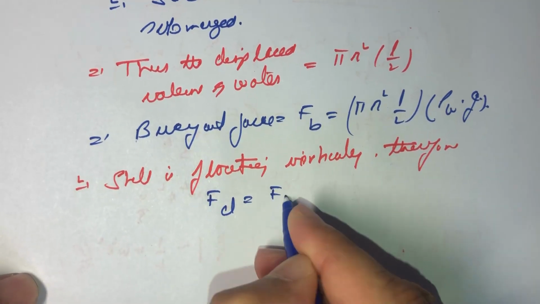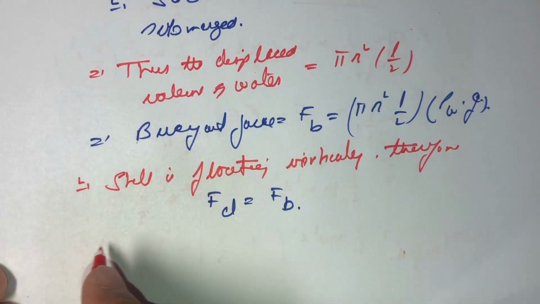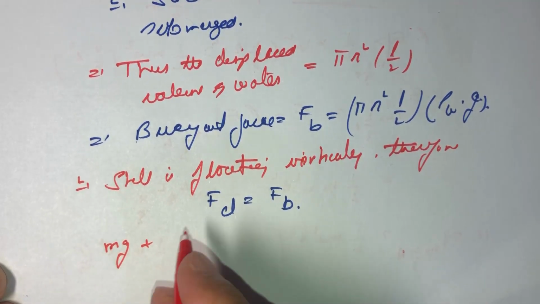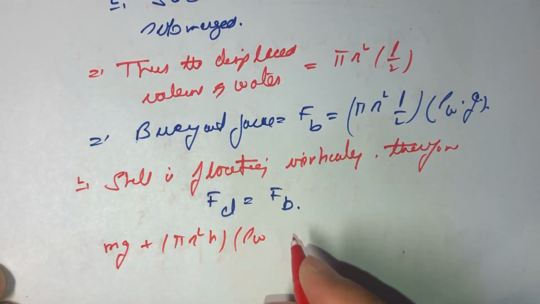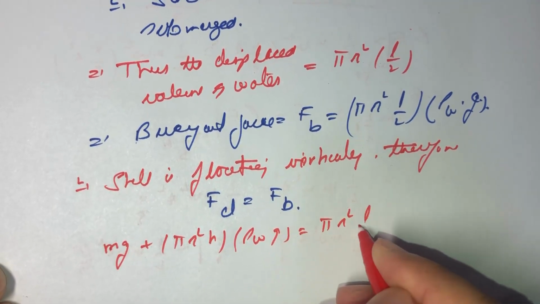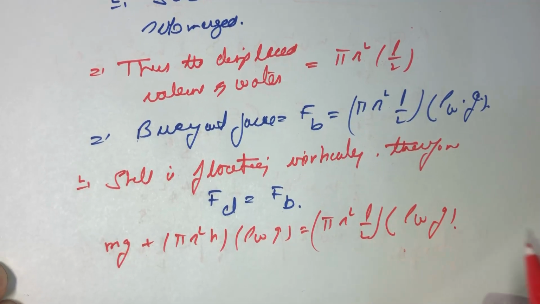Downward force will be equal to buoyant force. Substituting the respective equations, we have mg plus pi r square h rho w g is equal to pi r square L by 2 rho w multiplied by g.